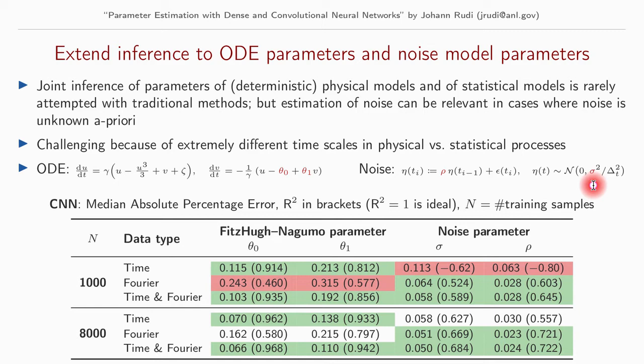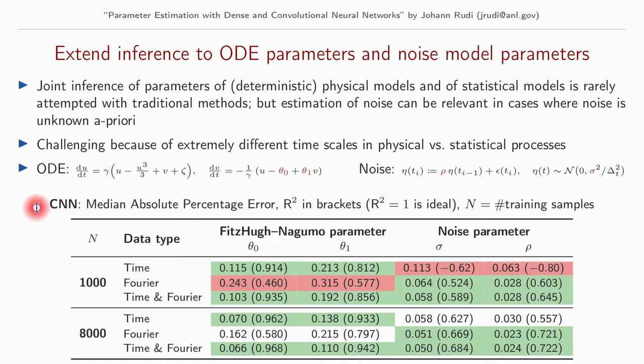This joint inference is actually quite rare in practice or in the literature. So we were curious if we could make this work with our framework. If it were to work, then this framework would be quite powerful, because it can do something that's rarely achieved with other methods.